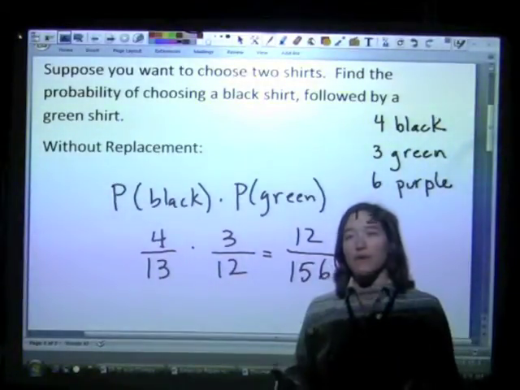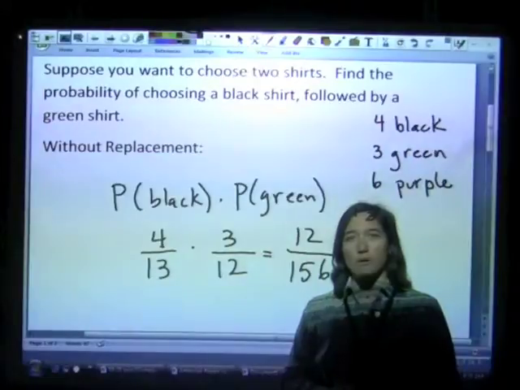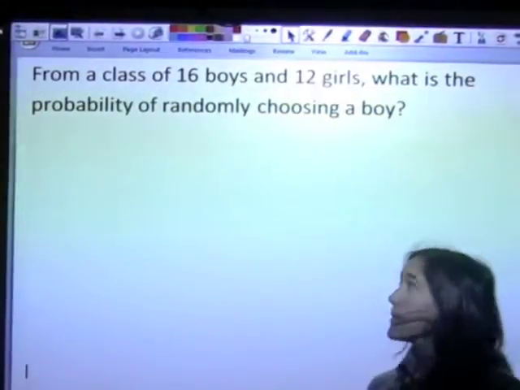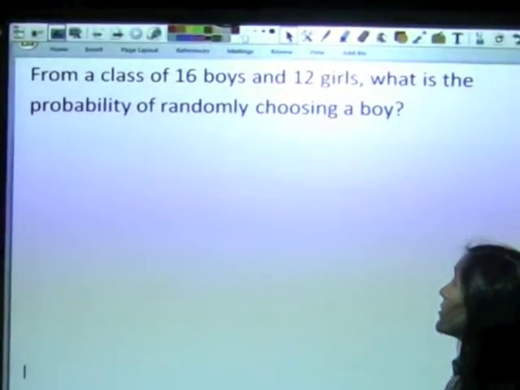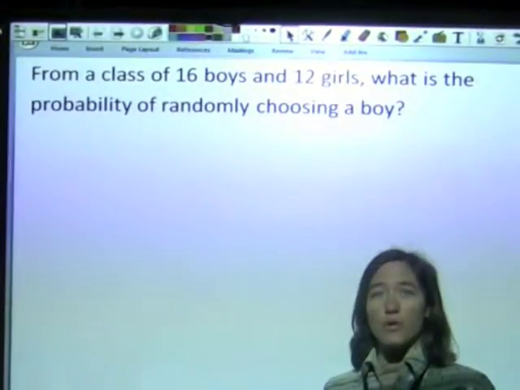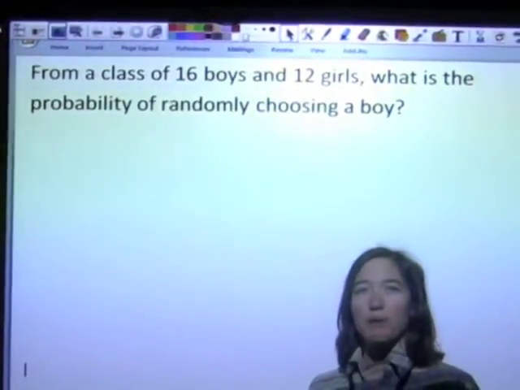Now try the problem that you have in front of you, question number 1. So question number 1 asks us, from a class of 16 boys and 12 girls, what is the probability of randomly choosing a boy? Simple probability problem.